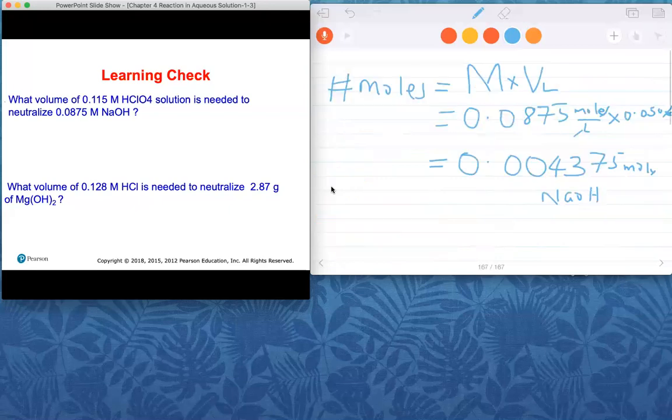In this case, we know the molarity. Therefore, the number of moles of HClO4 is the same, equals 0.00437. It's the same because the mole ratio is 1:1.